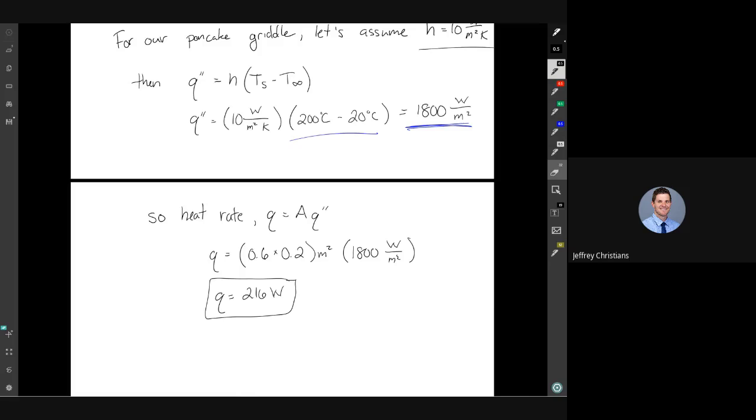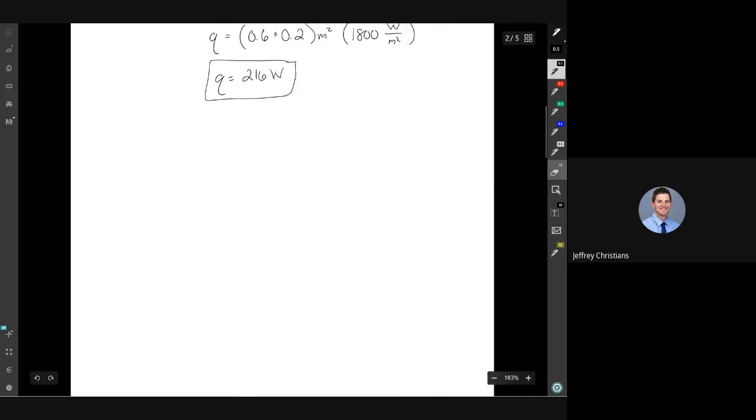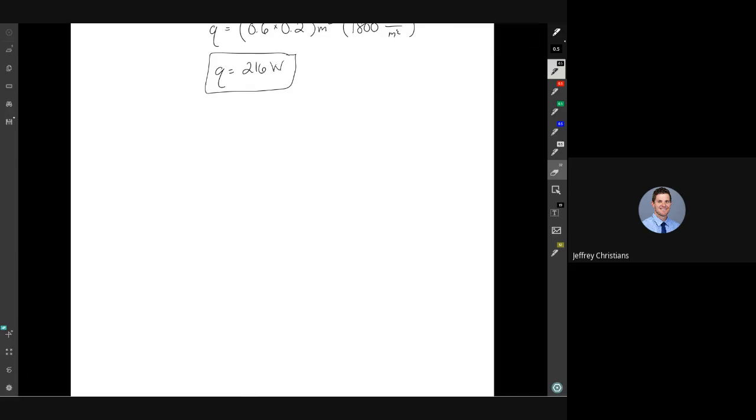Okay, so that is convection. So conduction, convection. The last one is radiation. So let's do another example.